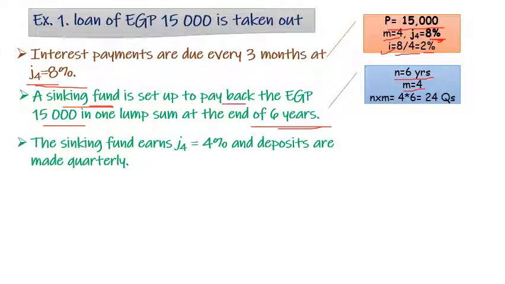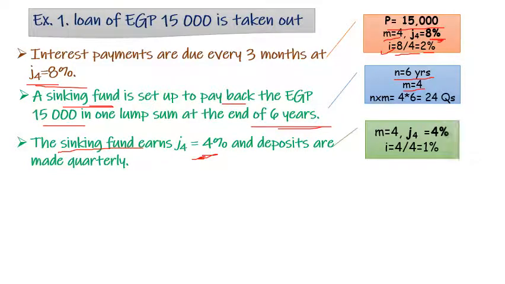Actually, the borrower will get 4% annual interest on his deposits in the sinking fund. To calculate the quarterly interest rate, we divide the annual interest rate, which is 4%, by 4, the number of quarters per year. So the quarterly interest rate on sinking fund deposits will be 1%.